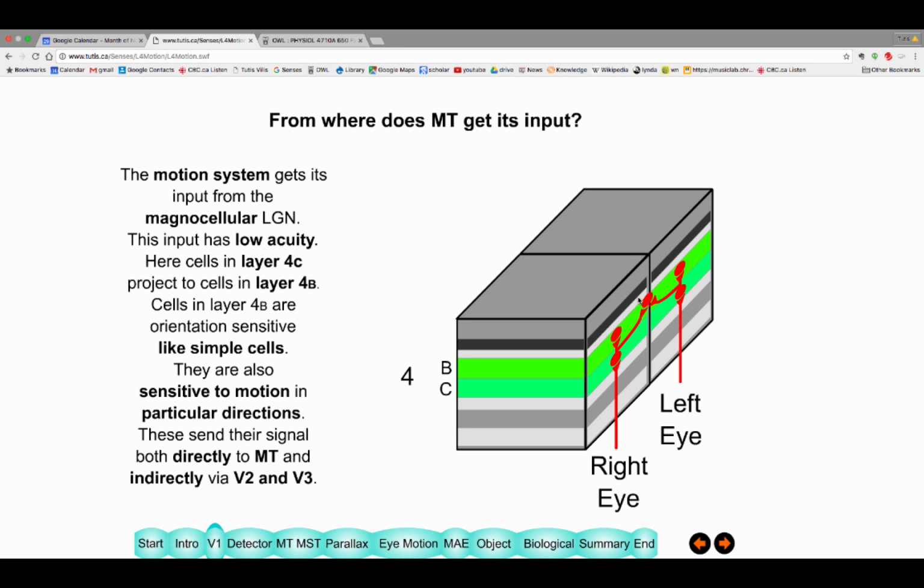And so information here can see in depth. You can see how far an object is from you. And from here, the cells feed either MT directly, so a cell from here will go straight to MT, or it would go to V2, then V3, and then MT.